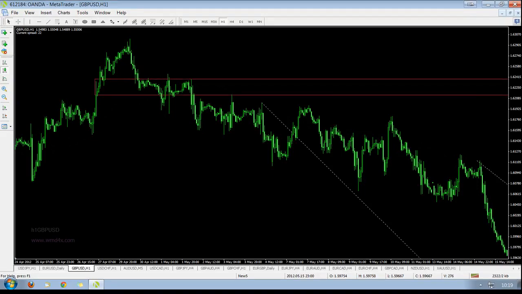So can I use that structure to establish bias and say, all right, as long as the price is above here, I'll look for technical long positions, and if the price is falling below there, I'll start looking for technical short positions, right?